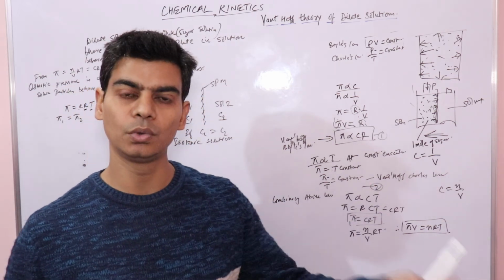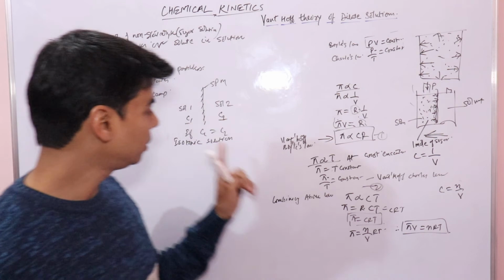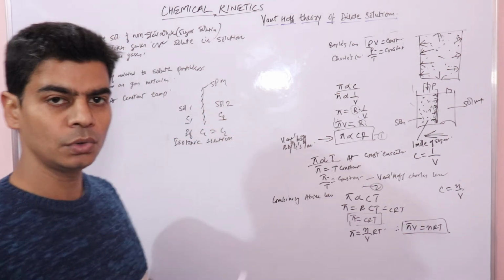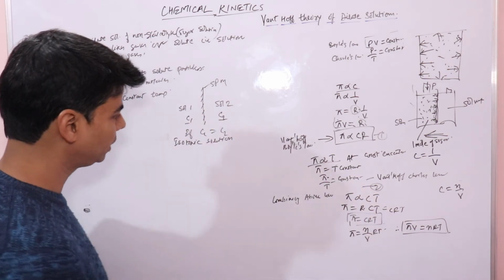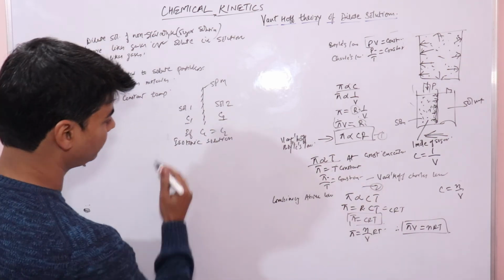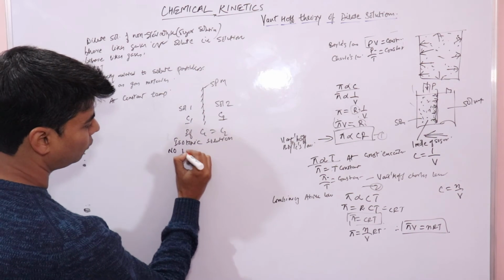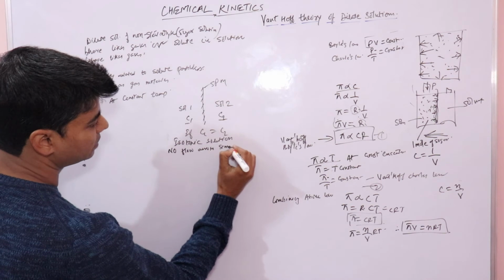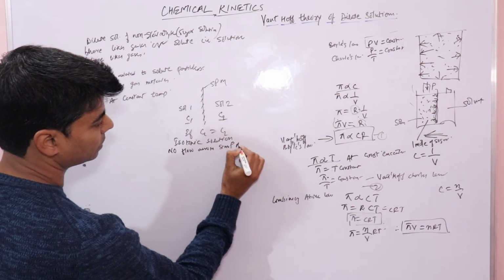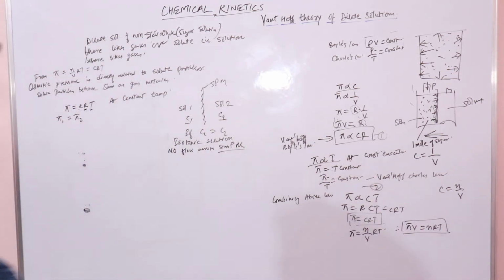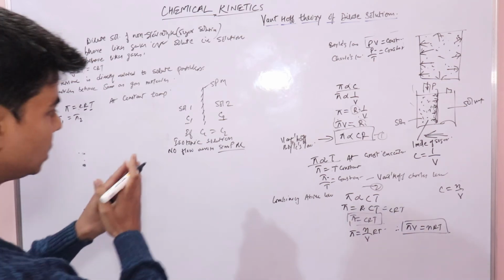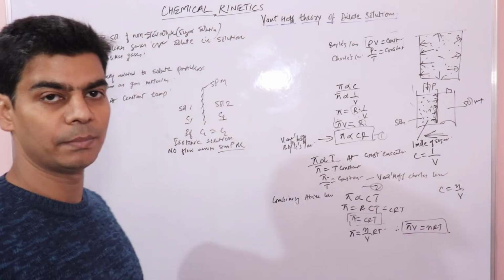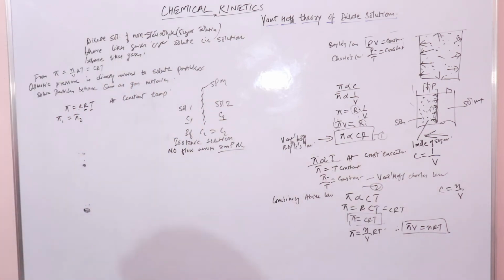So the movement was due to a difference in concentration. Here there is no difference in concentration, C1 is equal to C2, so there is no net flow of solvent across the semi-permeable membrane, SPM. Due to similar concentration, there is no net flow of solvent molecules through this semi-permeable membrane, right?